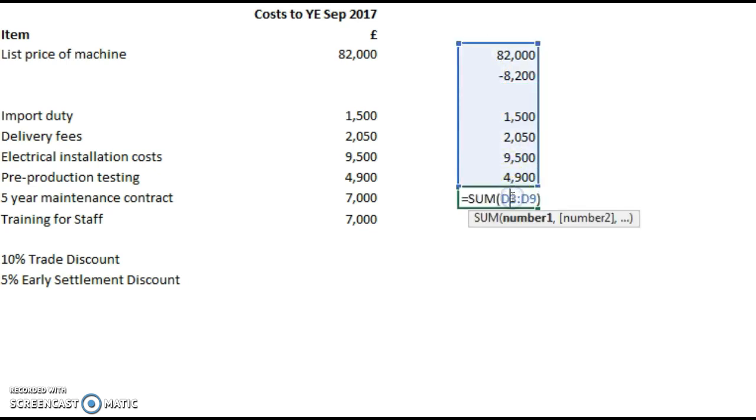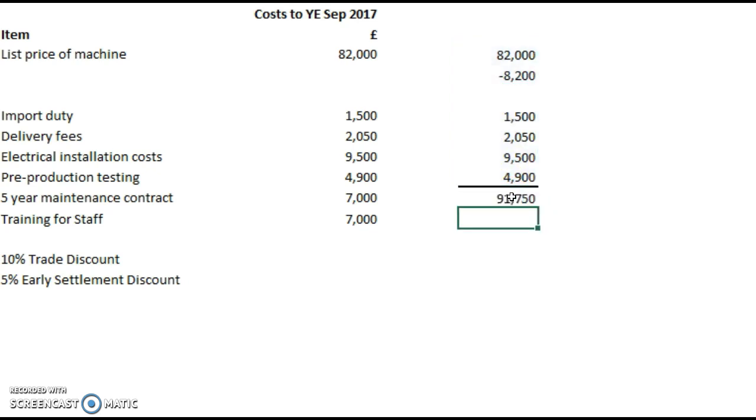Make sure that's added in. It is. So that gives us a CapEx amount of 91,750.